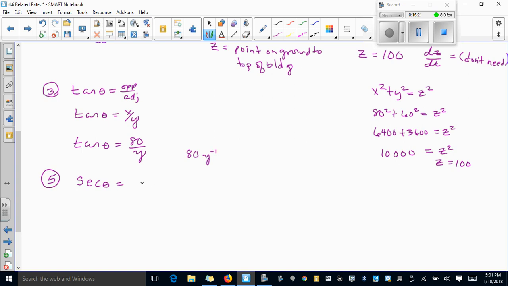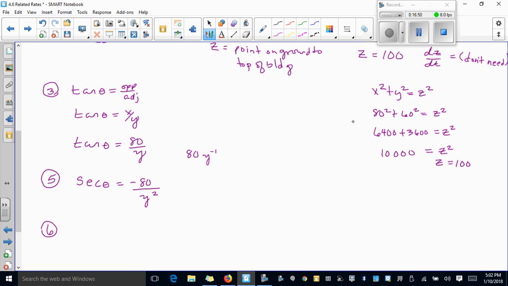So we're ready to substitute values that we know. We don't know what theta is, but we can figure out secant. This is a lot of side work over here. Secant of theta is equal to 1 over cosine of theta. Well, cosine would be adjacent over hypotenuse.